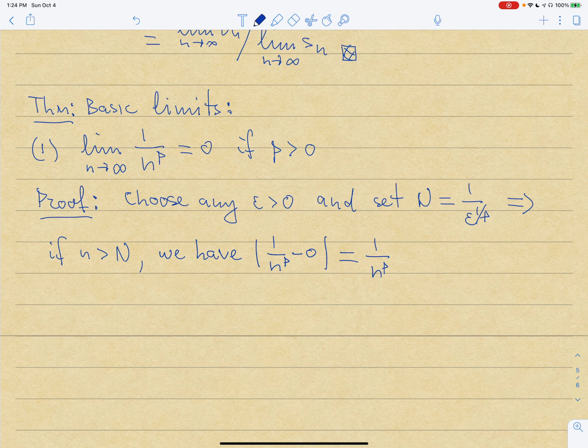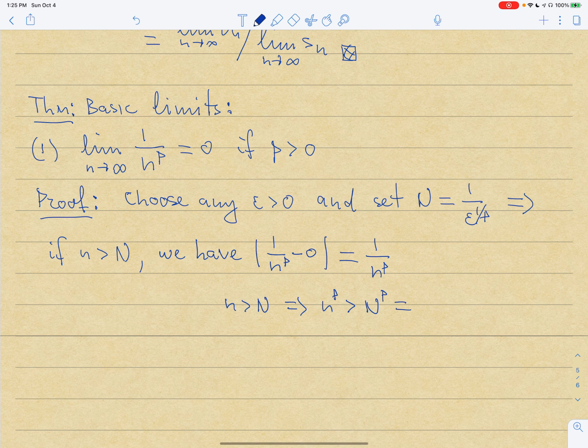Well, if n is bigger than capital N, that means that if I raise both of these to a positive power, then n to the p is going to be greater than big N to the p, right? Because any positive power of x or n is going to be an increasing function. So the inequality is going to be preserved.